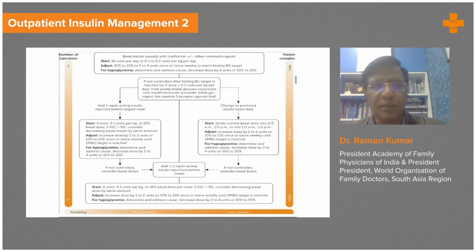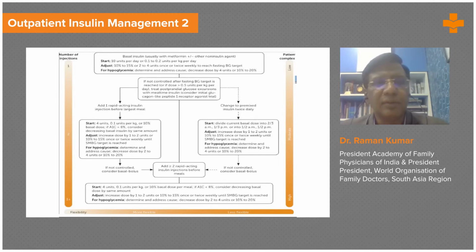So 0.1 units per kg body weight for 50 kg would be around 5 units. 0.2 units per kg body weight for 50 kg would be around 10 units. So between 5 to 10 units it can start, and in general, as I said, practically it would be around 10 units per day for an average adult person.